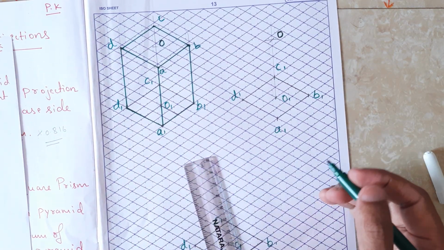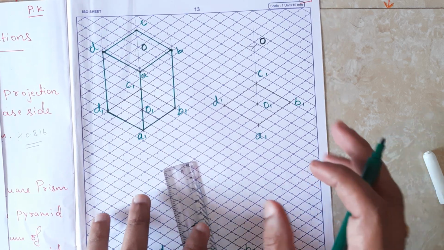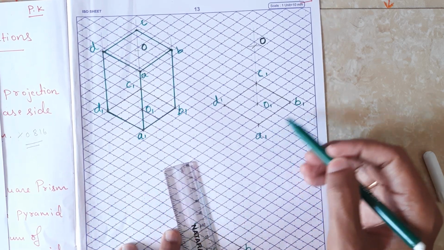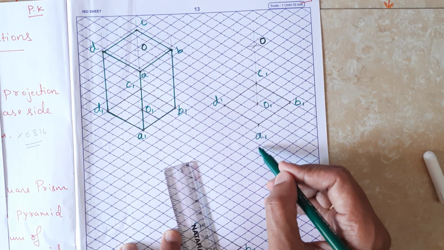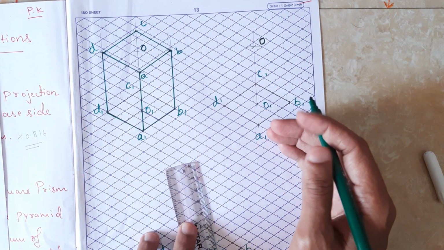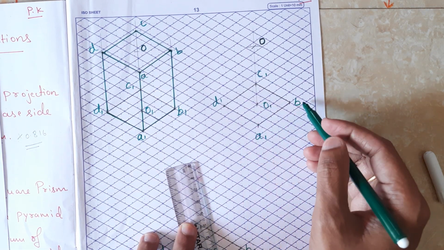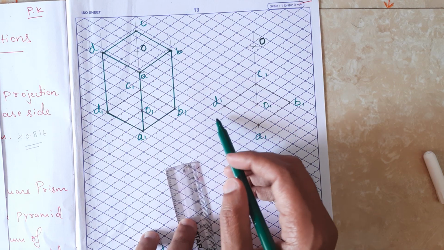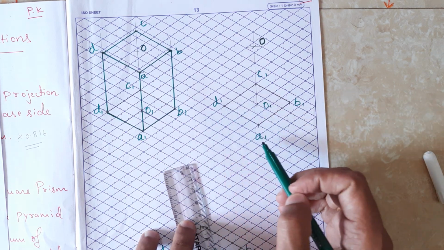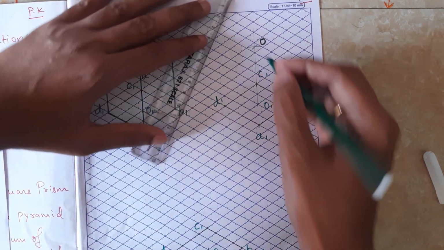Now it is time for us to draw the visible edges. See, A1, B1, D1 are nearer to the observer. Only the slant edges which are going from these corners, that is D1, A1, B1, will be dark.